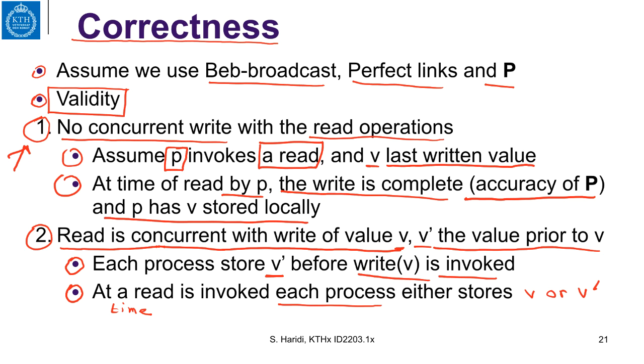So when a process starts a read, that process stores either V or V prime. It definitely stores V prime, the value prior to V, but if the delivery of the broadcast from the writer happens before you invoke the read, then you will read the latest value being written right now, which is V.